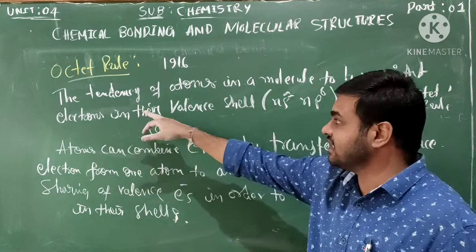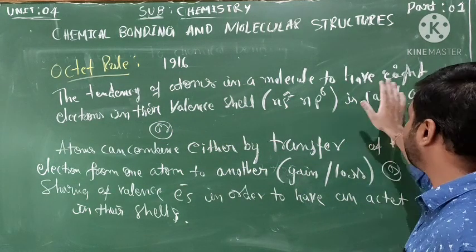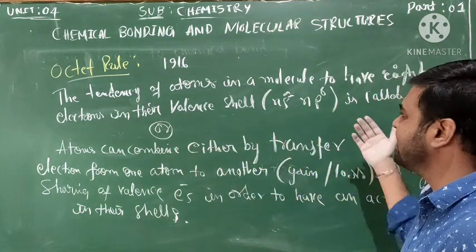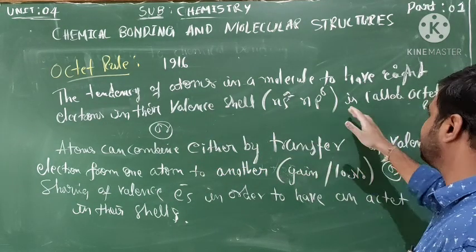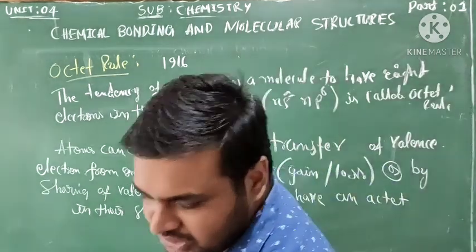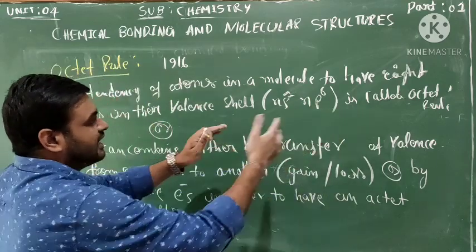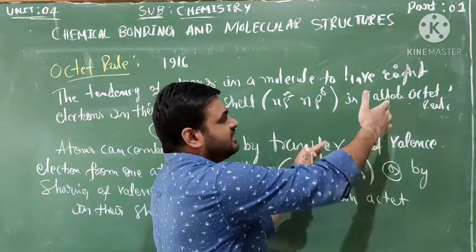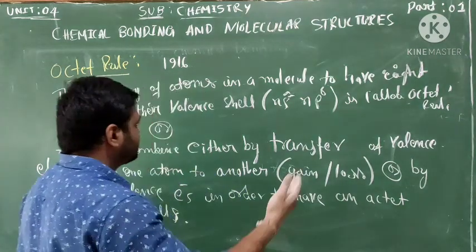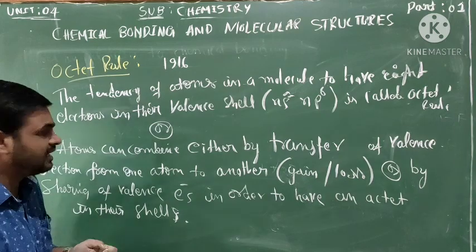The statement is: the tendency of atoms in a molecule to have 8 electrons in their valence shell. Valence shell electrons ns2 np6 is called the octet rule. In the case of sharing of electrons, atoms combine to form stabilized molecules following the octet rule.